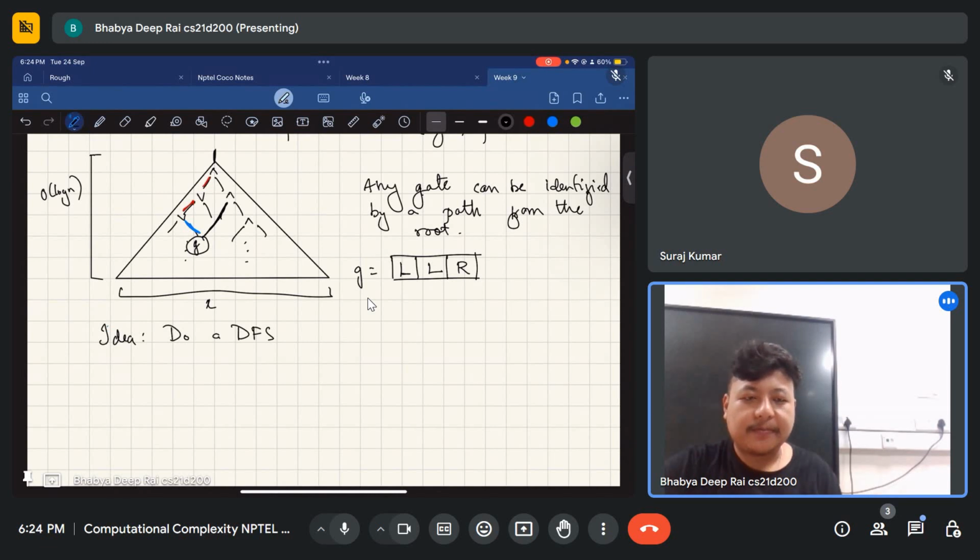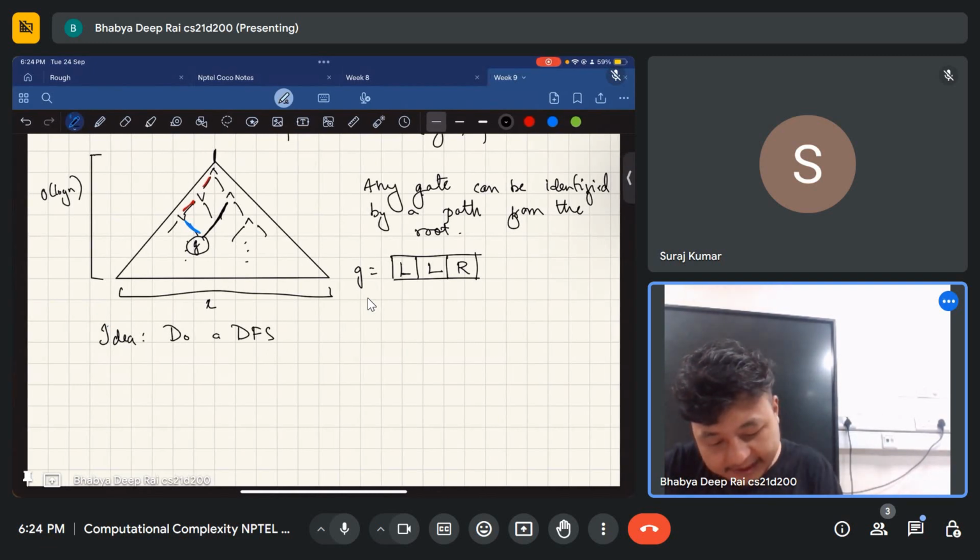And during the DFS, I use this path of going to left, going to right, and so on. And when I reach the deepest gate, I will make an evaluation of that gate.